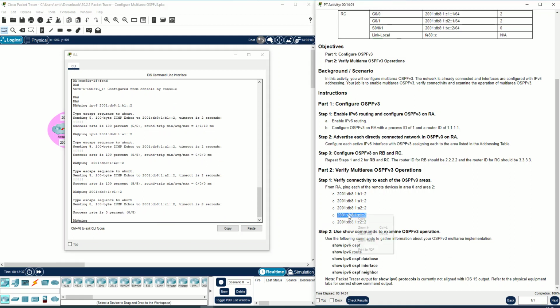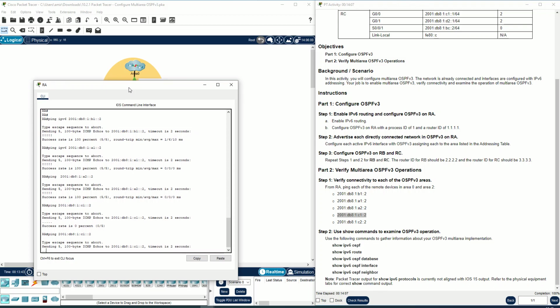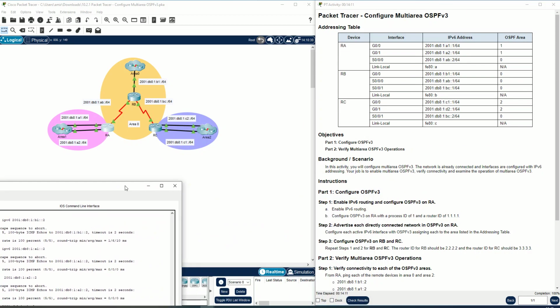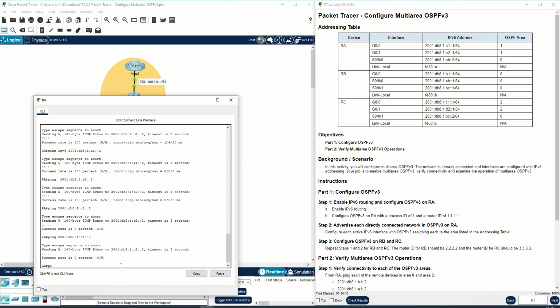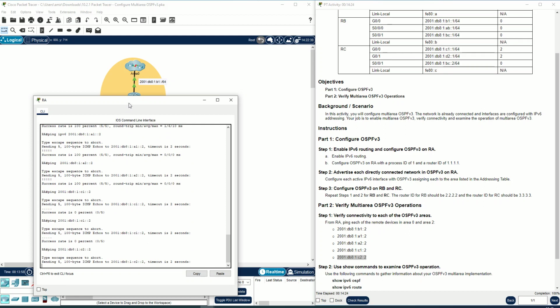Ping this one. But I don't know why, because there is nothing here in our objectives, and there is no troubleshooting here. I don't know.